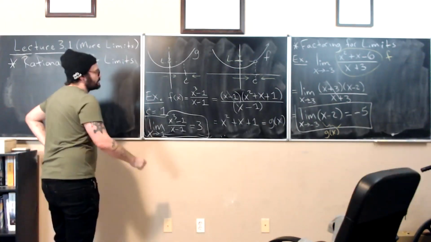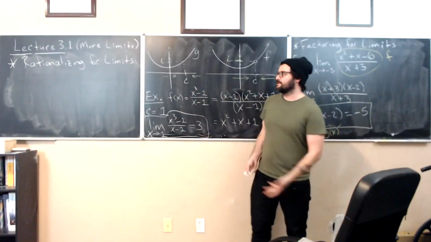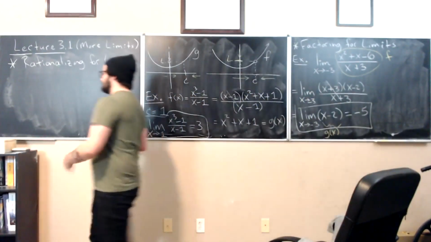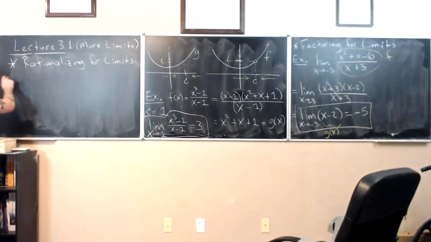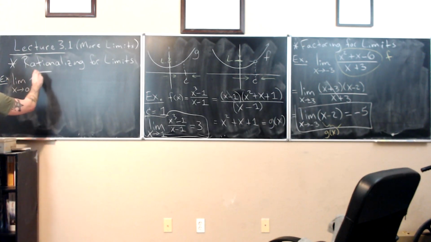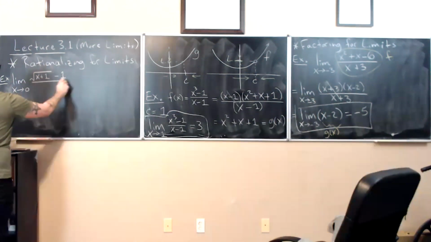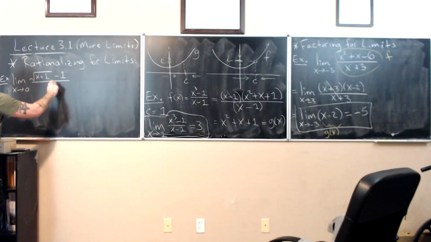So this is another technique that you might encounter in the homework or maybe on an exam, where you're asked to find a limit that has a radical operation in it somewhere. So for example, the limit as x approaches 0 of root x plus 1 minus 1 all over x.